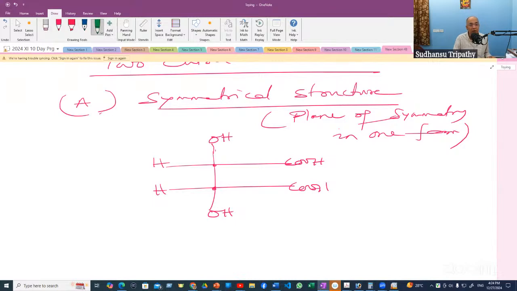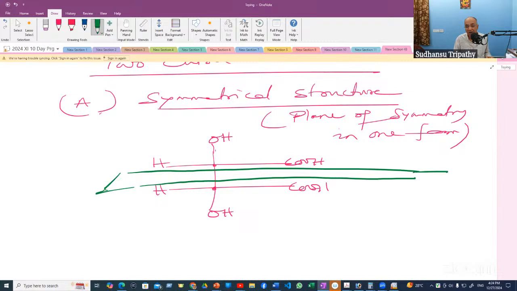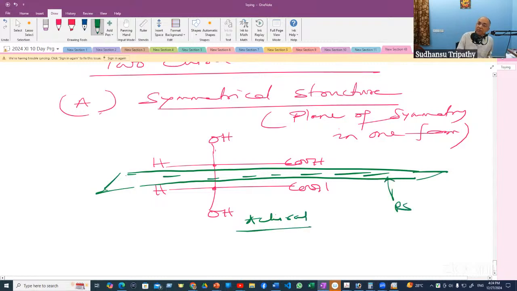This is a symmetrical molecule and this particular form has a plane of symmetry at the middle, so this is achiral. There is a plane of symmetry because OH is on the same side, COOH on the same side. Horizontal means above the plane, vertical means below the plane, so they are on the same side. So there will be an internal plane of symmetry which will make the molecule achiral.